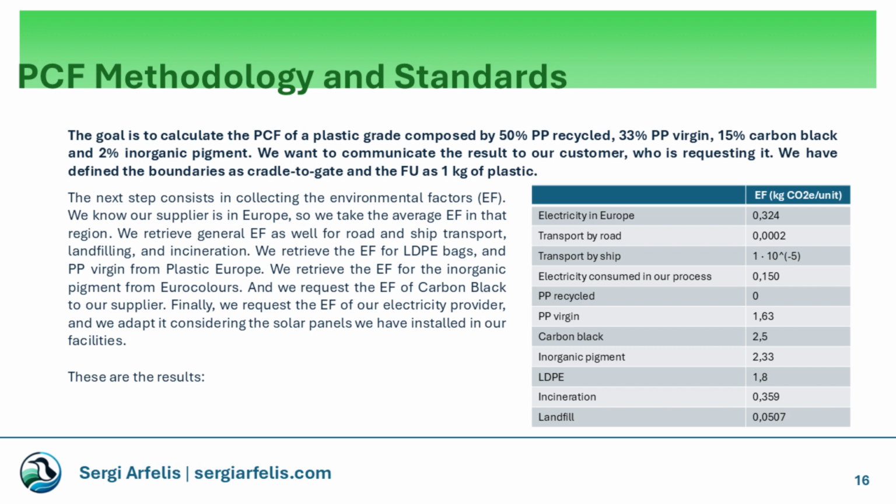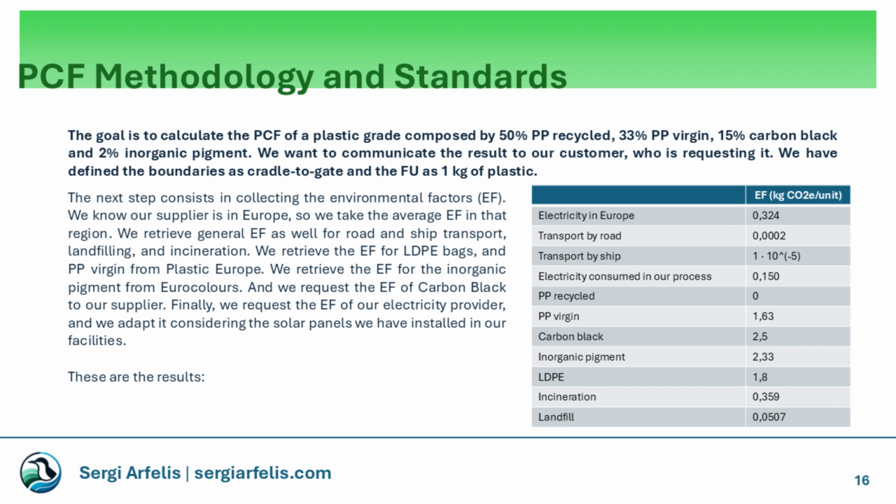For materials, we use the environmental factor for LDPE bags and virgin PP from Plastic Europe, the environmental factor for inorganic pigment from Eurocolors, and we request the environmental factor for carbon black directly from our supplier. The table on the right lists the environmental factors for each input, measured in kilograms of CO2 equivalent per unit.